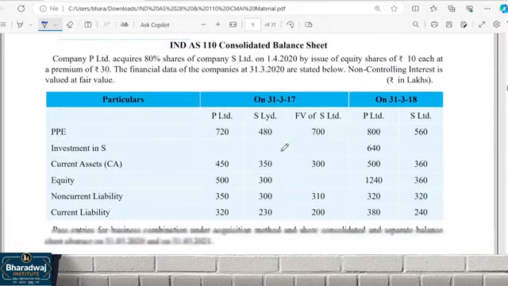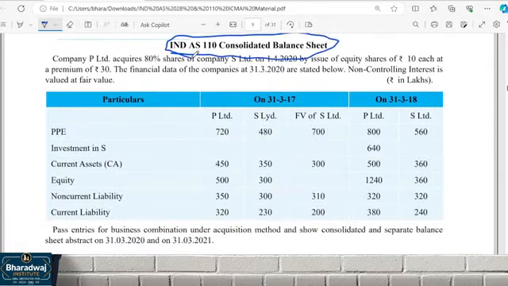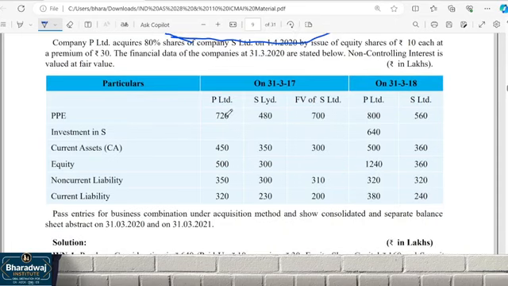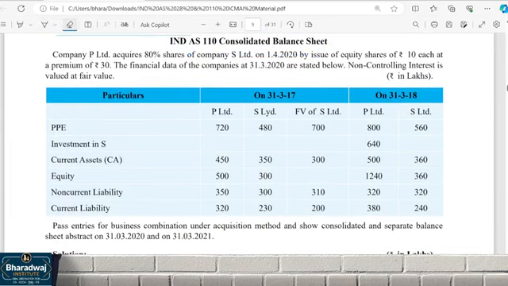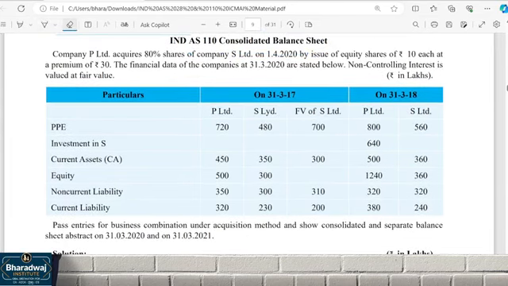Now, this one is given as the next set, an advanced set. Go through this. Company P Limited acquired 80% of shares on 1/4/2020. It's a typical examination question.